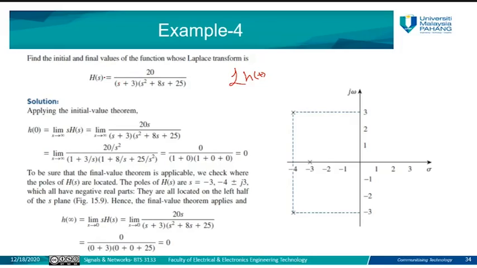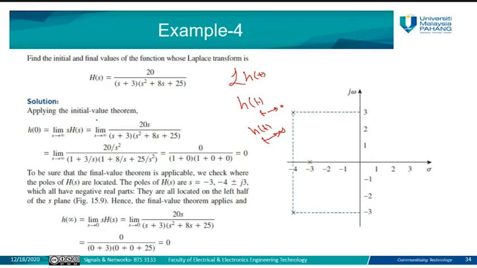So now I already have the function here in the frequency domain, and I want to find the initial condition for the function ht at time equal to 0, and also the final value condition for ht when t goes to infinity.